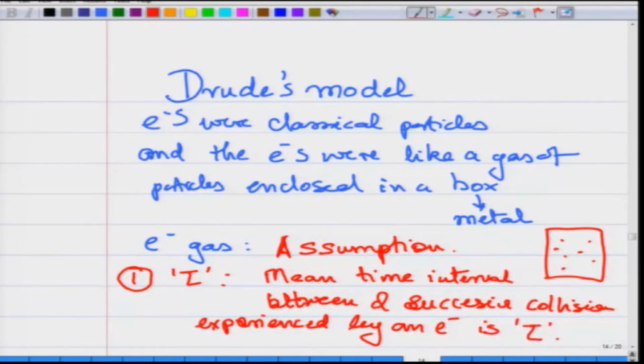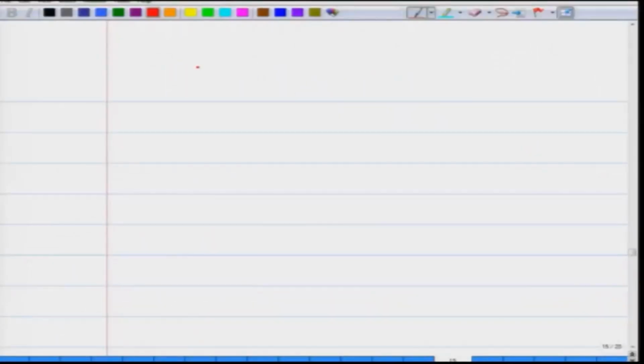So, the electrons undergo collisions and there is a time scale tau which is associated with these collisions. And this was the first assumption that he made. If you have an infinite metal, it does not mean that the electron moves over infinite distances. The electron does undergo a collision and the time interval between two successive collisions is tau.